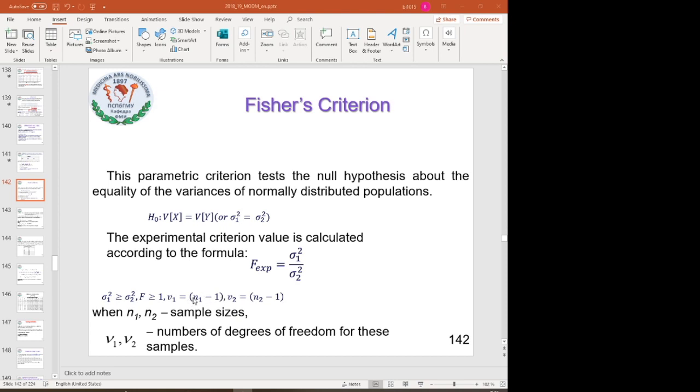We have degrees of freedom for the first sample as the number of patients in the sample minus 1, and the same formula for the second sample.